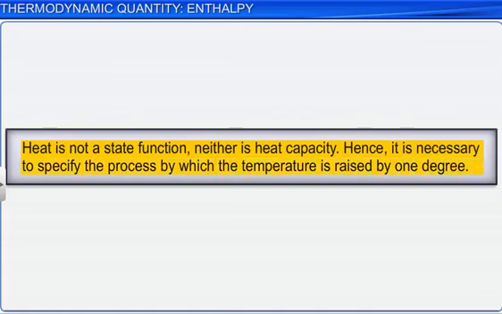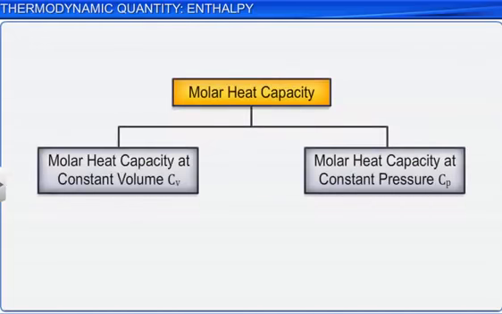The two important types of molar capacities are molar heat capacity at constant volume and molar heat capacity at constant pressure. Let us see the relation between molar heat capacity at constant volume, which is denoted by Cv, and molar heat capacity at constant pressure, which is denoted by Cp.